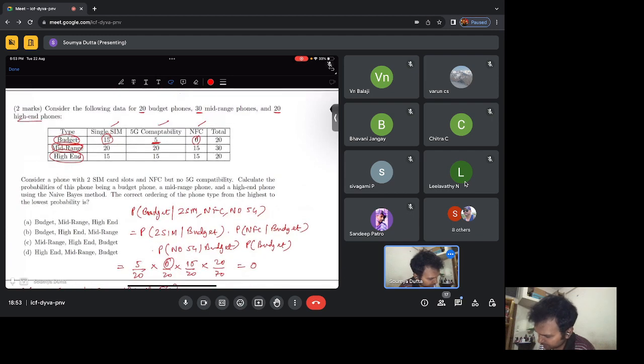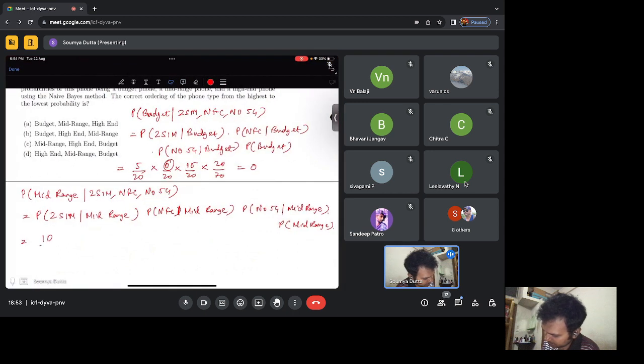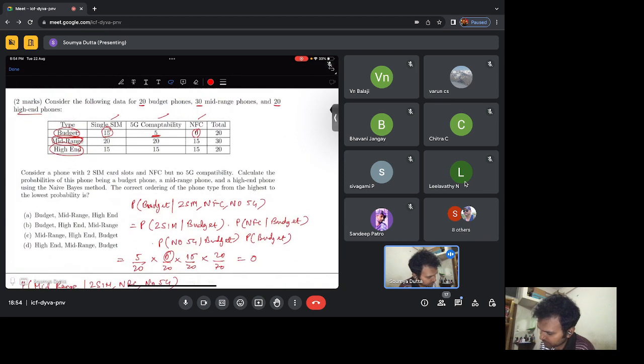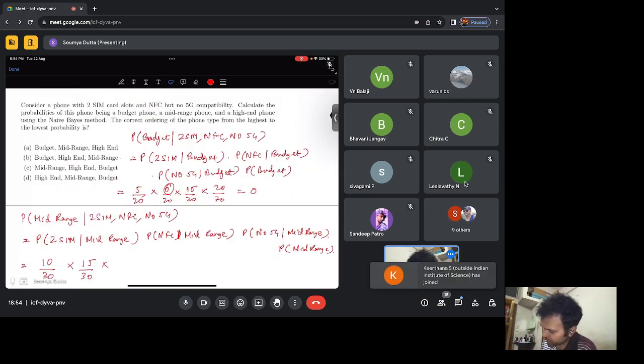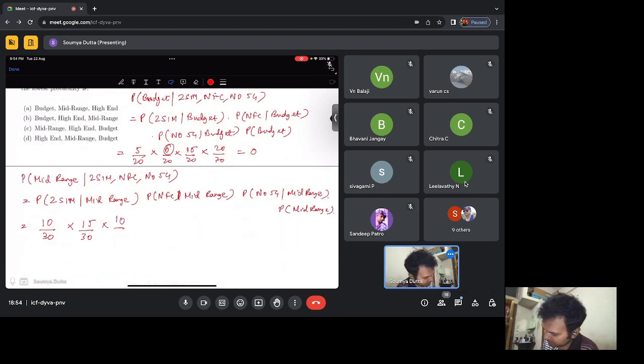So out of 30 mid range phones, 20 have single SIM, so that means this would be 10 by 30. Out of 30 mid range phones, 15 have NFC, so this would be 15 by 30. Out of 30 mid range phones, 20 have 5G, so that means this is 10 by 30.